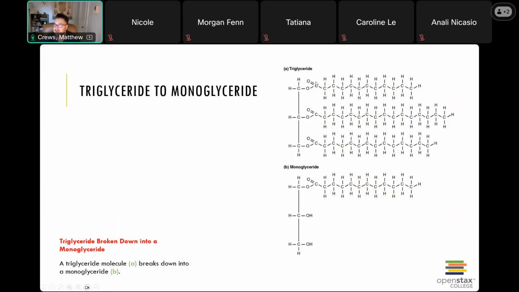These can be any fatty acids. Generally speaking, they're going to be single bonded fatty acid chains, very simple carbon molecules, organic molecules.